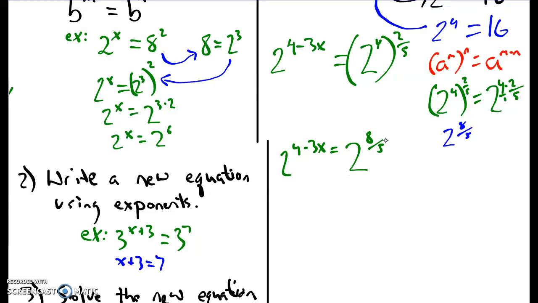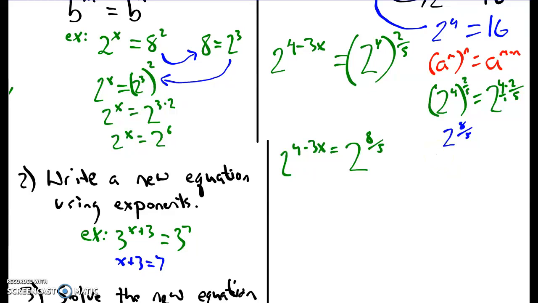And now we've finally finished step 1. We have an equation where the base is the same on both sides. This is the important part. The base is the same. And if the base is the same and the two expressions are equal, then these exponents must be the same. So we can do step 2.